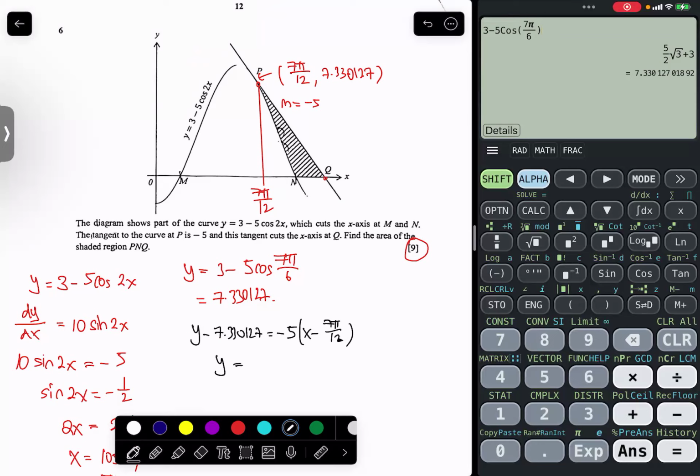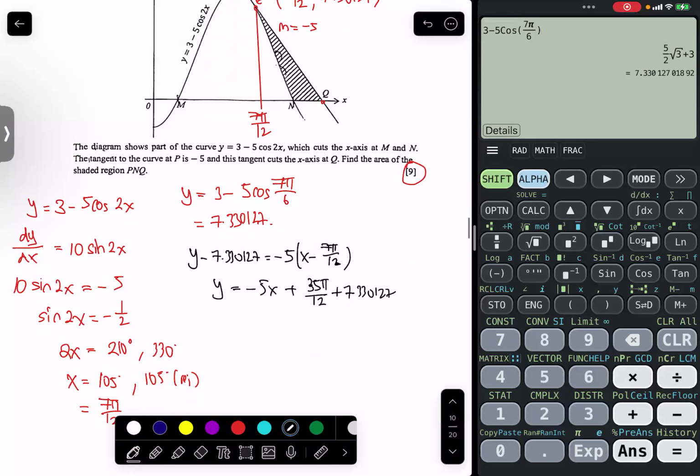So y equals negative 5x plus 35 pi over 12 plus 7.330127.